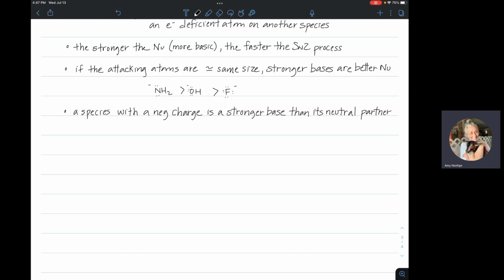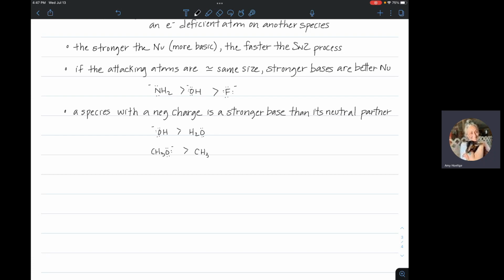I mean that you could compare hydroxide to water. So here we have OH minus. That's going to be a better nucleophile than its neutral partner, water. Methoxide, CH3O minus, so we've deprotonated methanol, will be a stronger nucleophile than methanol.